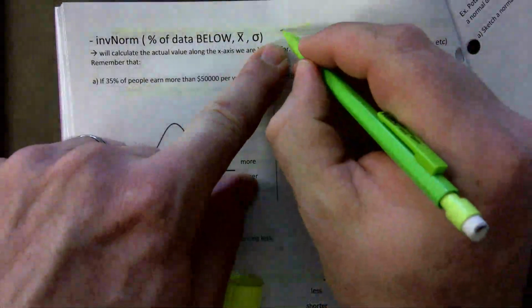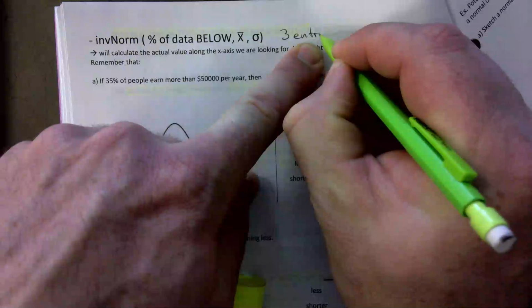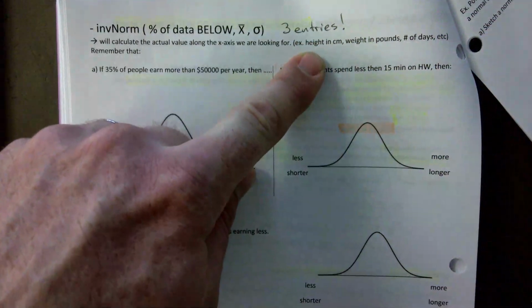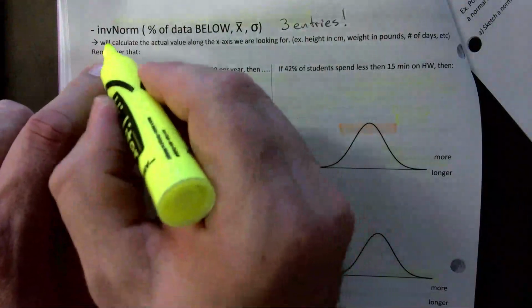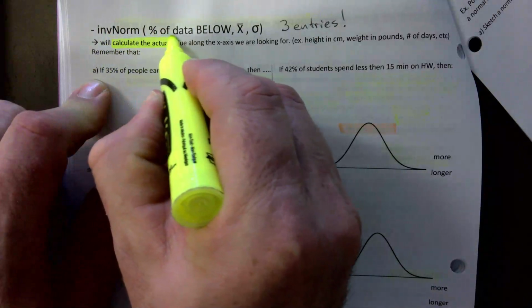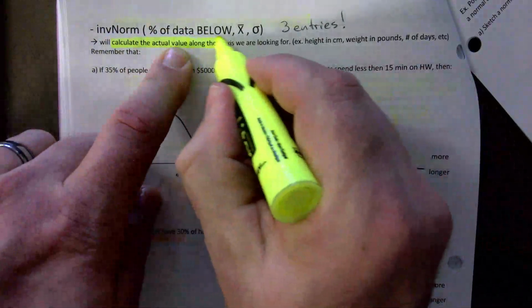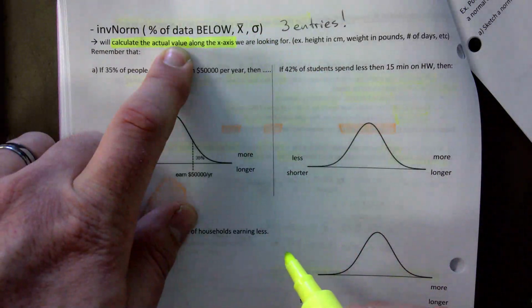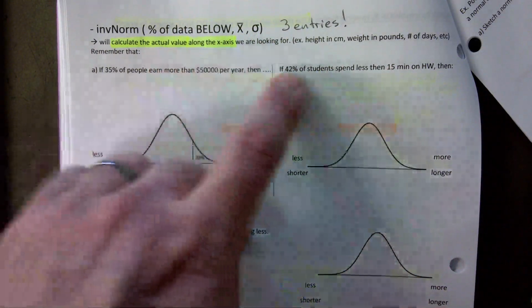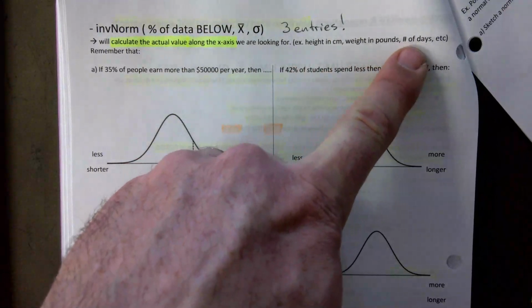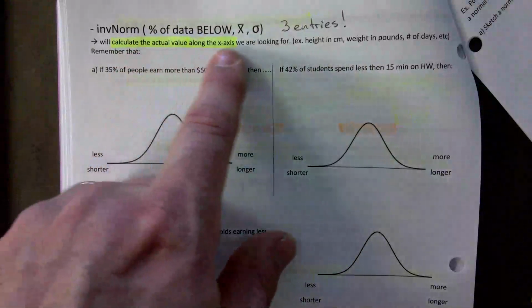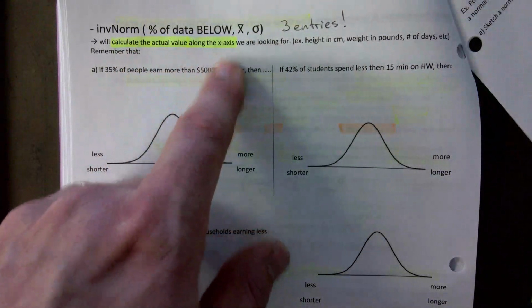It only needs 3 entries. What does it do? It will calculate the actual value along the x-axis. It could be the actual height, the actual weight, the number of days, anything like that, but it will calculate the actual value along the x-axis.